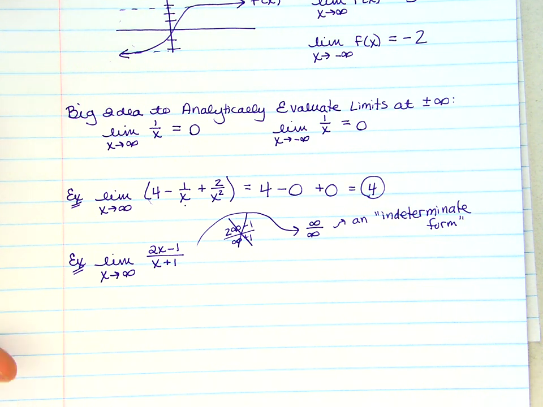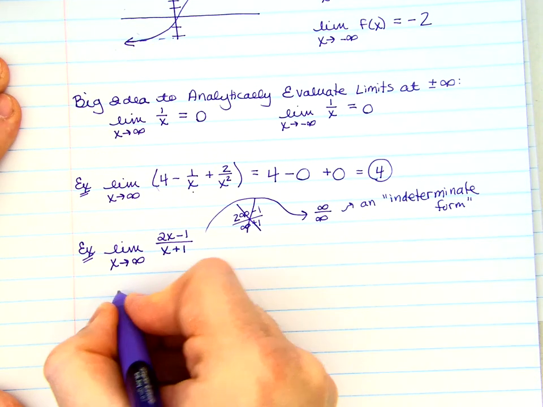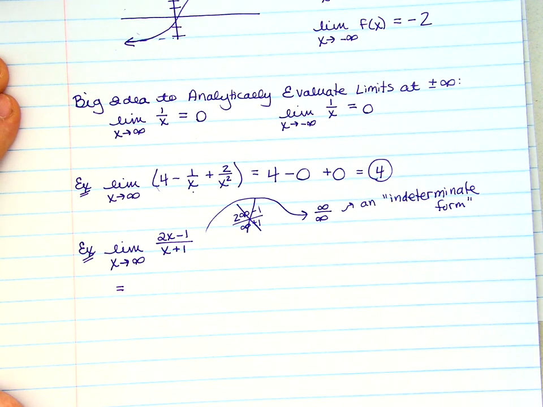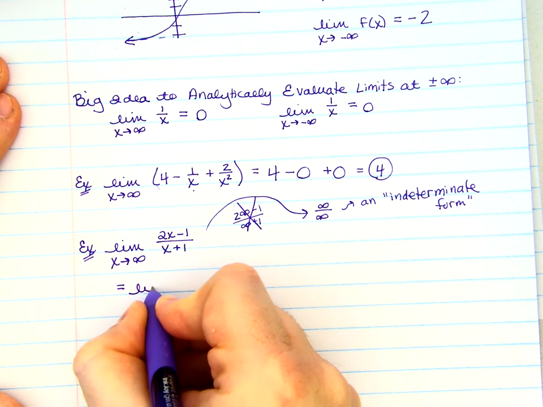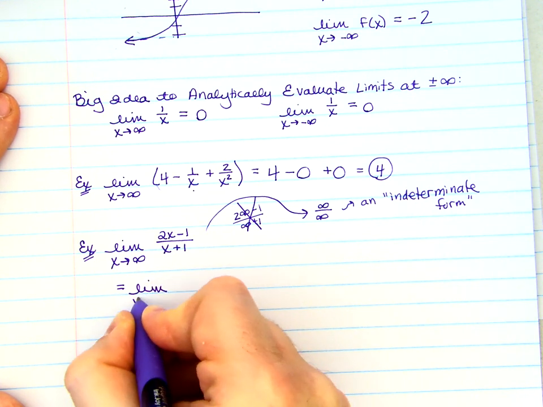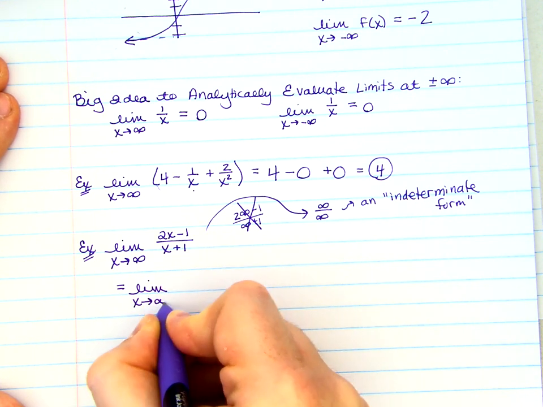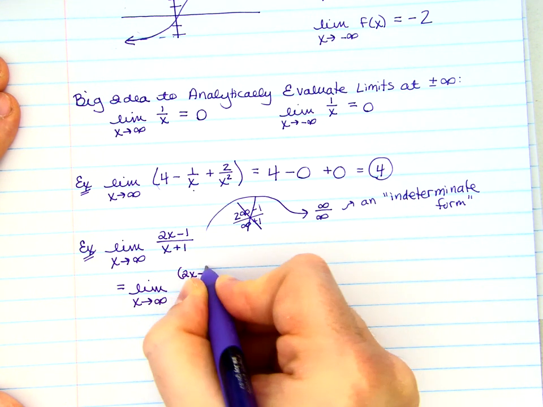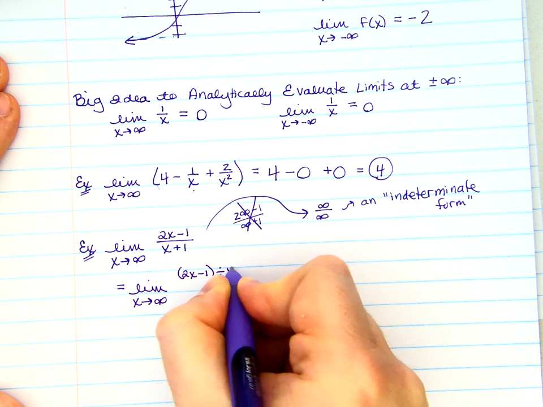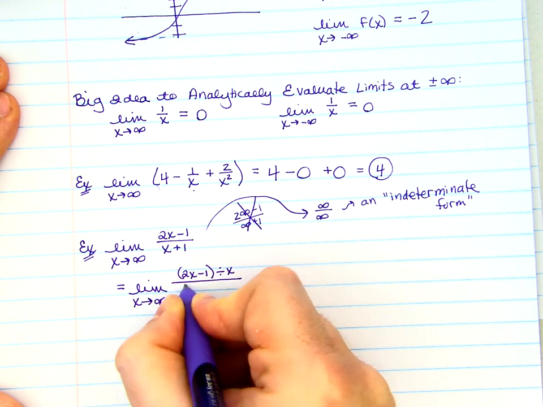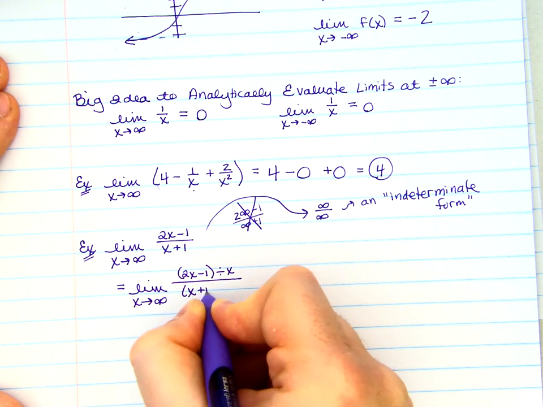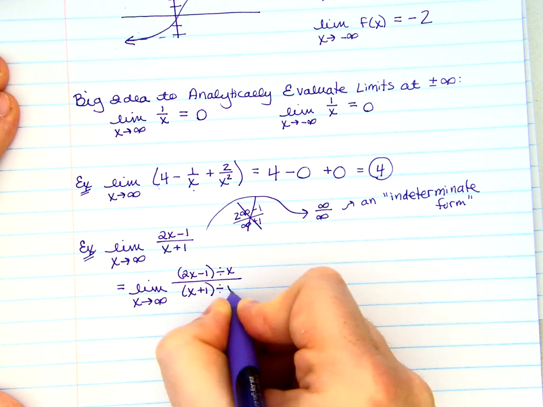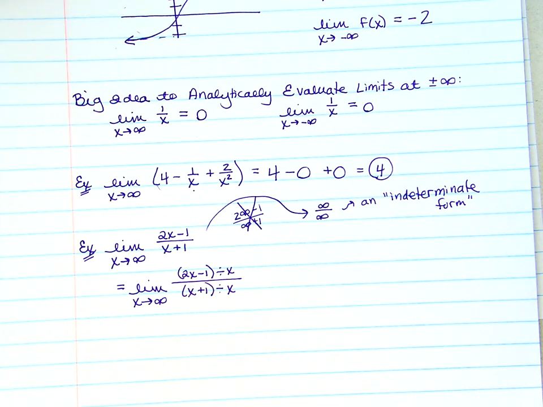What I'm going to do here is I'm going to divide the top and bottom of my limit by x. This is going to give me the limit as x approaches infinity of 2x minus 1, divided by x, over x minus 1, divided by x.